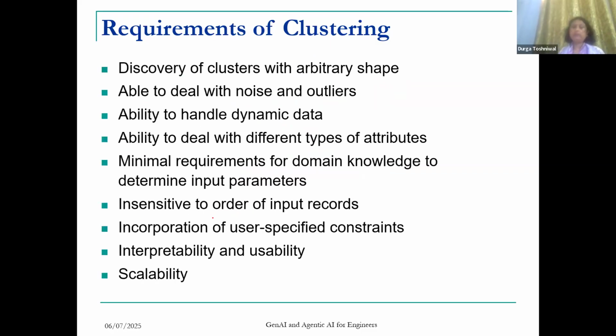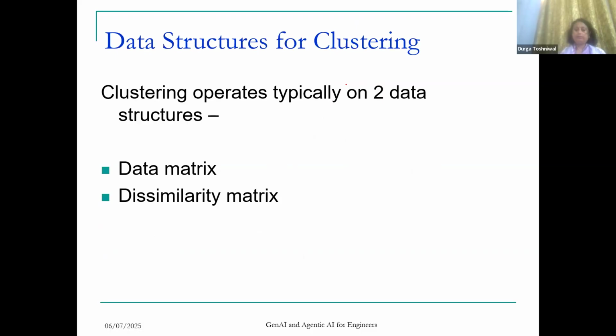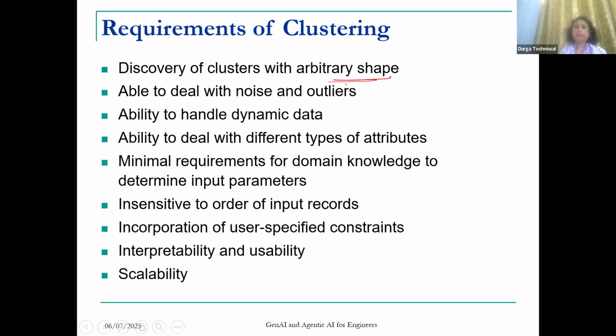So these are some of the requirements that we already discussed. First of all, our method should be able to identify clusters of arbitrary shape. I will discuss more about it as we go along. Then it should be able to handle noise and outliers. It should be able to handle dynamic data.